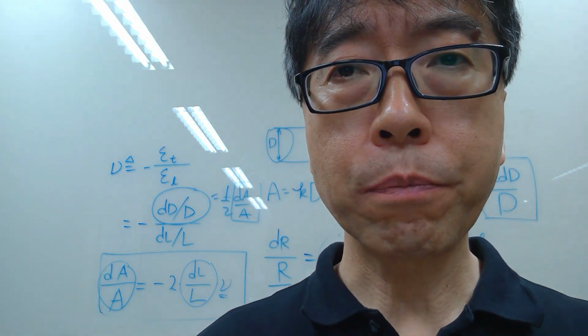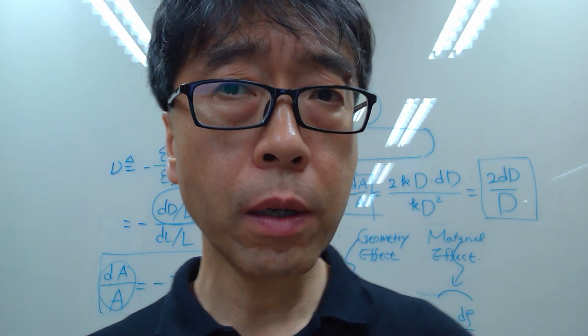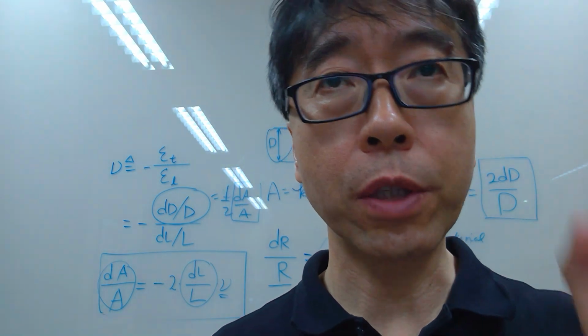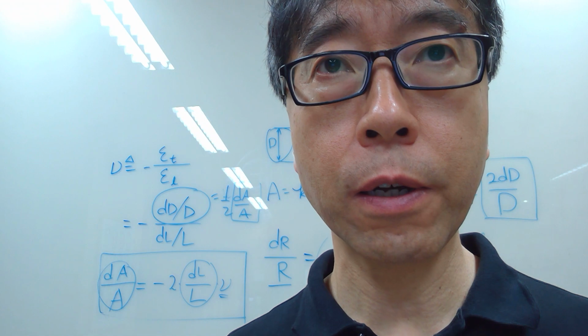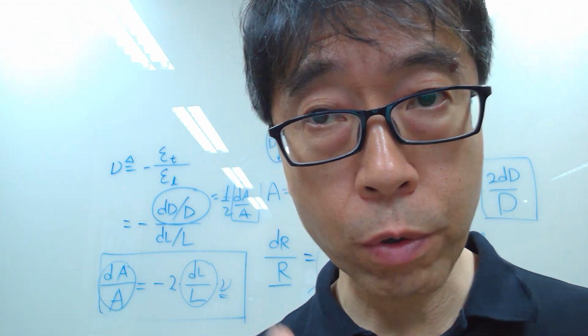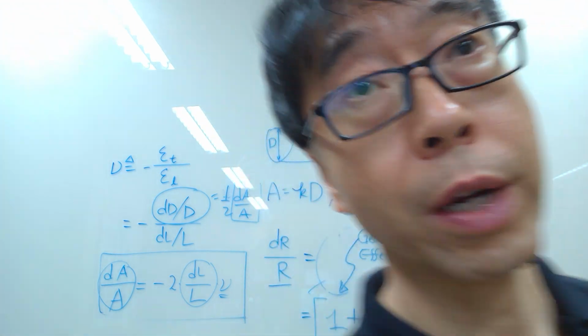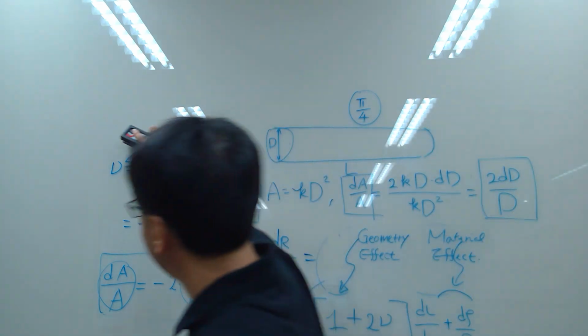So if you just think about pure geometric effect, the change in material property, which is the change in resistivity, rho, would be 0, right? So let's start with that.